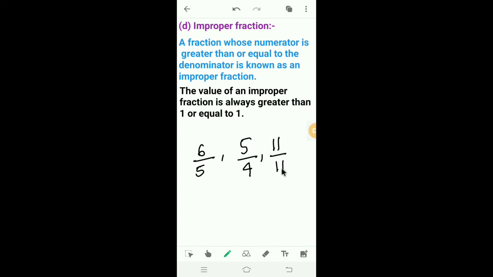Next, 11 by 11. In 11 by 11, here 11 is a numerator and denominator also 11. Both numerator and denominator are equal. So we can say this type of fraction is called improper fraction.